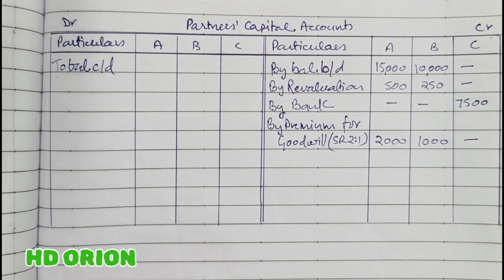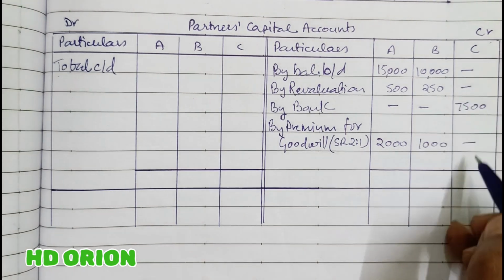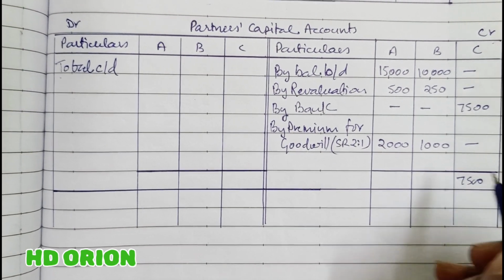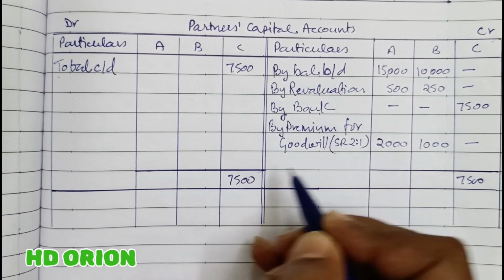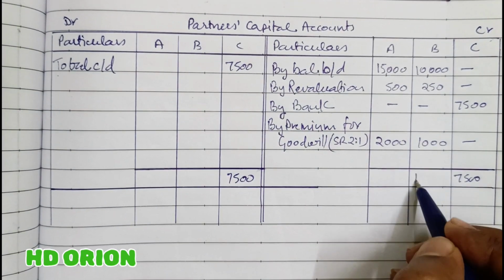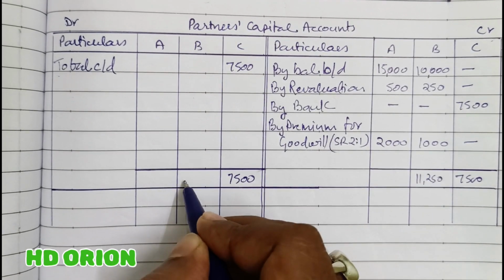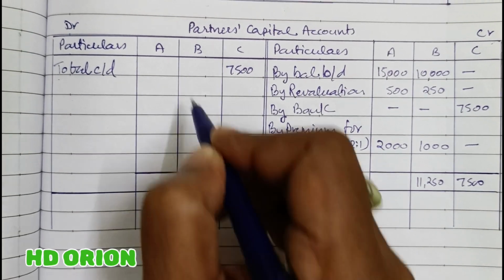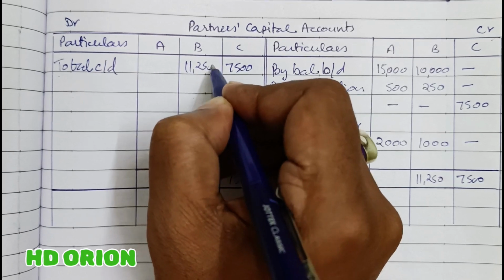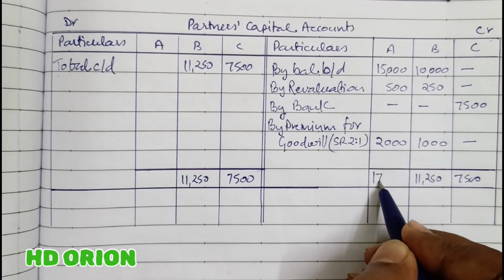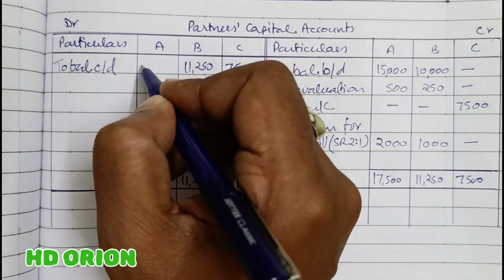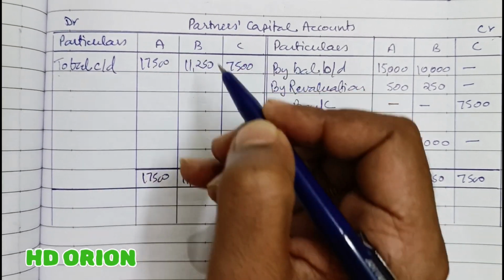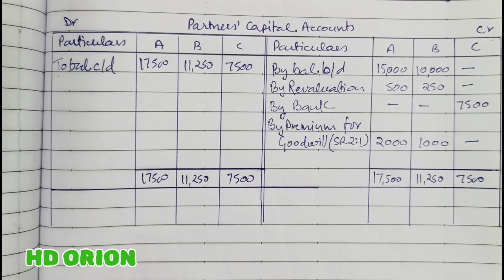Credit balance we will get. So here C is 7,500. Also here 7,500. Then B, it is 11,250, and A, it is 17,500. So this is how the capital account is to be prepared.